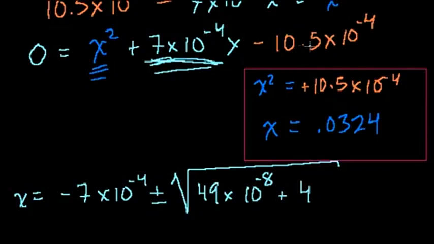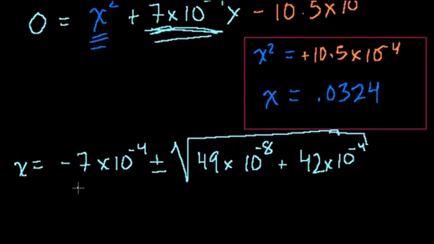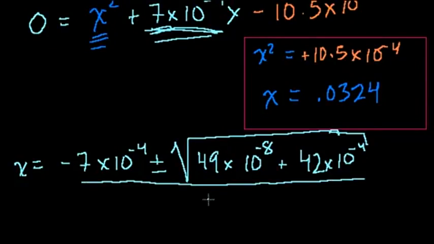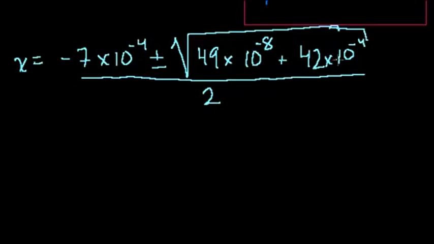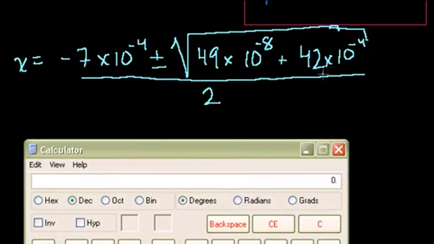We have this minus sign, so it becomes plus. So 4 times 10.5 times 10 to the negative 4, that's 42 times 10 to the minus 4th power. All of that over 2a. A is just 1, so all of that's over 2. So let's see what we can get in this square root right here. Notice this is a very small number compared to this. This is really all we should care about with the square root, but let's just do it.